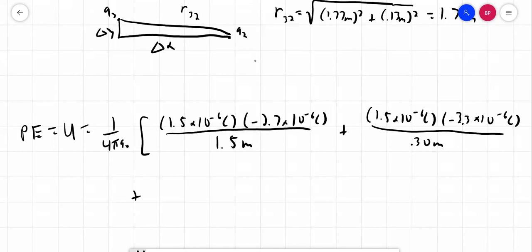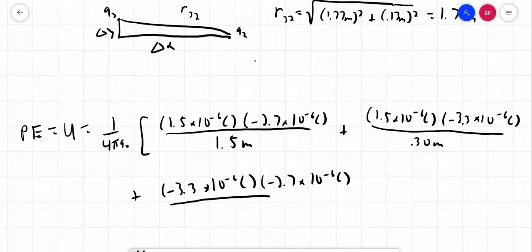Then we have one more term between 2 and 3. So Q3 was negative 3.3 times 10 to the minus 6 coulombs. Q2 was negative 2.7 times 10 to the minus 6 coulombs. And we divide by the distance between them, which we found was 1.77 meters.